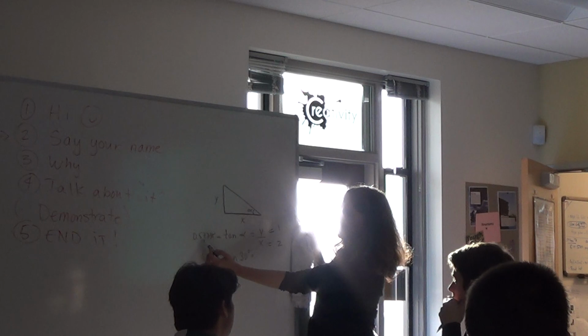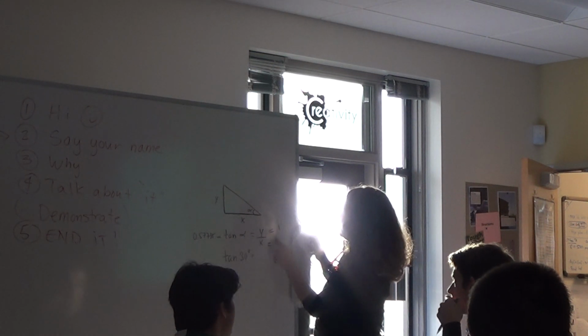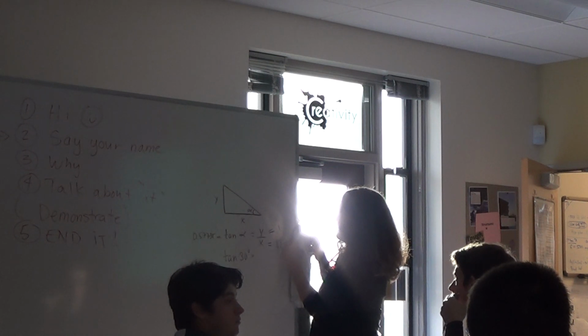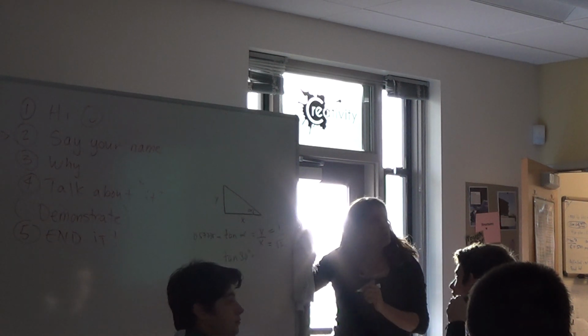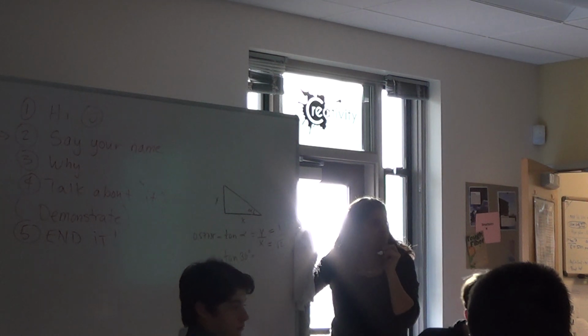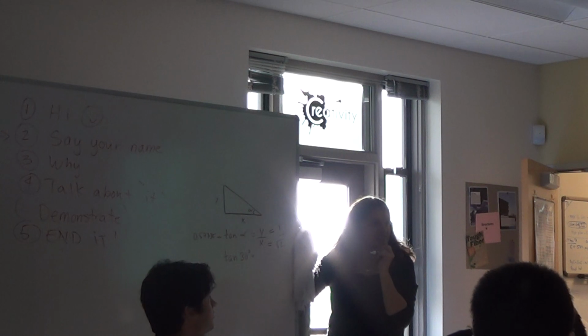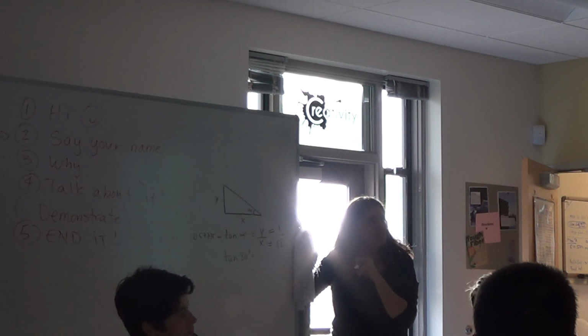For a 30-60 degree triangle, I think it's 1 in root 2. What's 1 over root 2? You think it's 1 over root 3? Yeah. You like getting into the math part of engineering?